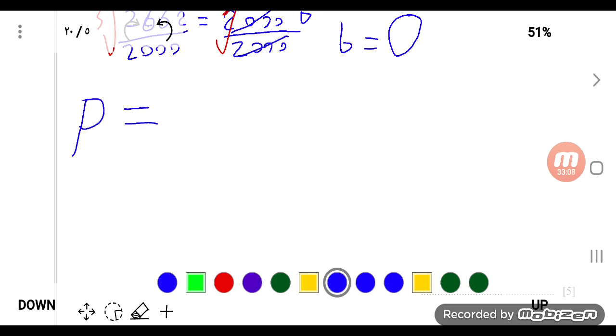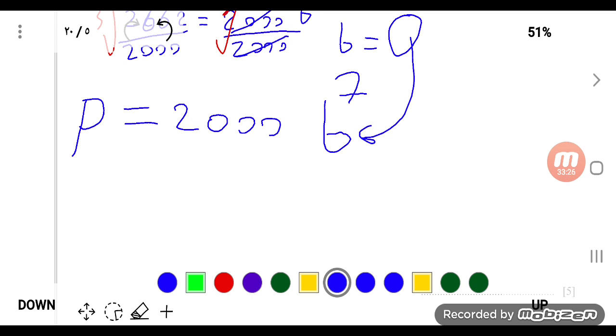So as we said, A is 2000. B is the number that we got here. We have it. And here, 7. Number of months is 7. So what you found here, you write it for B in this position. Okay? Then on the calculator, you get the answer.